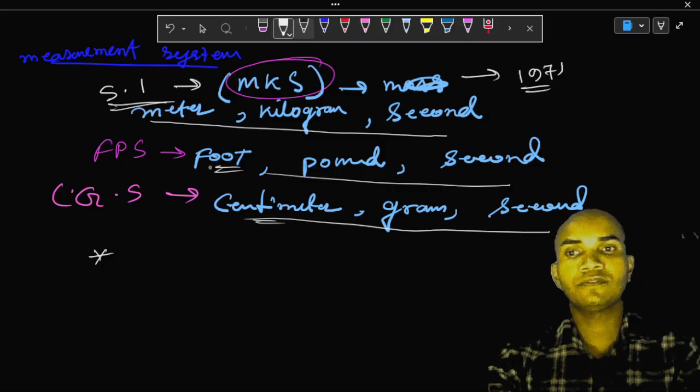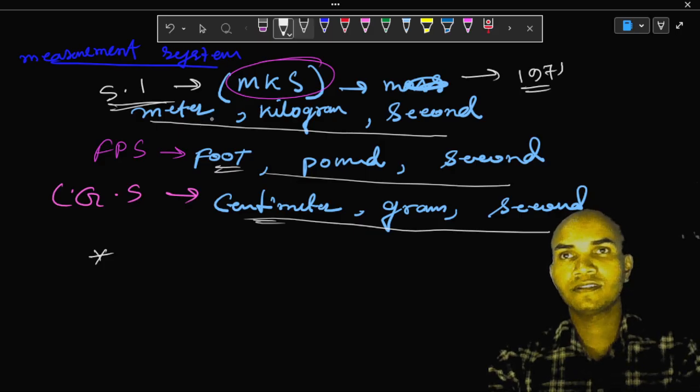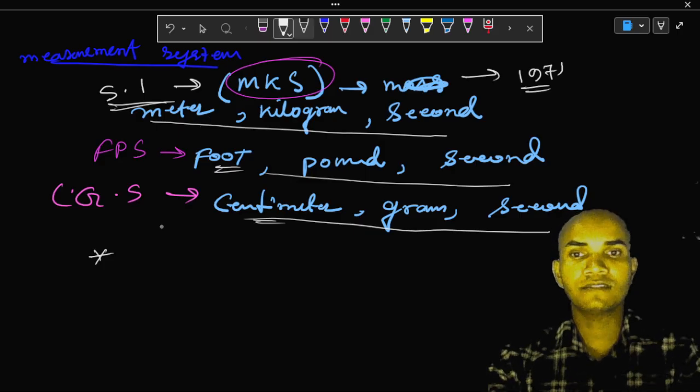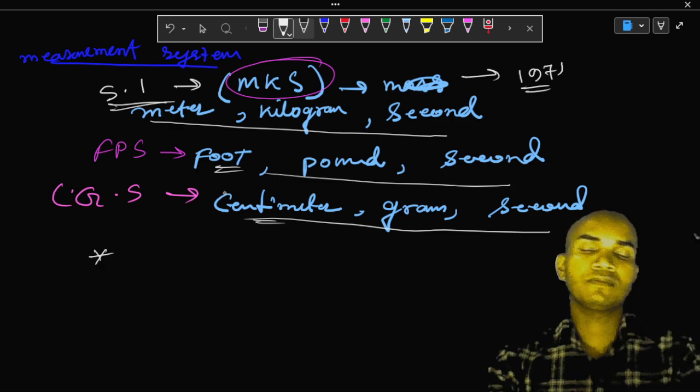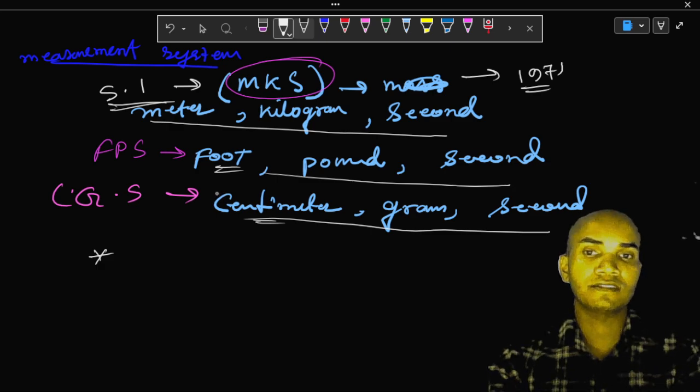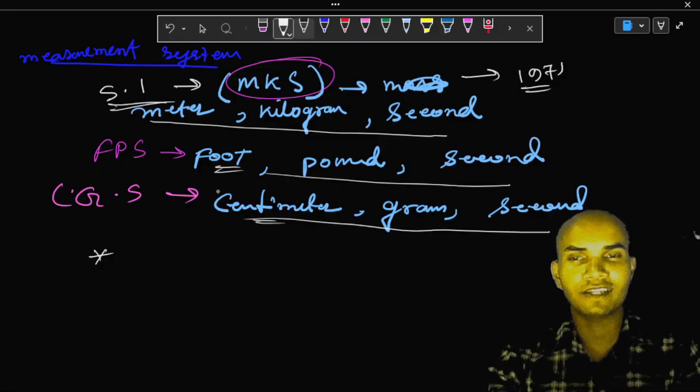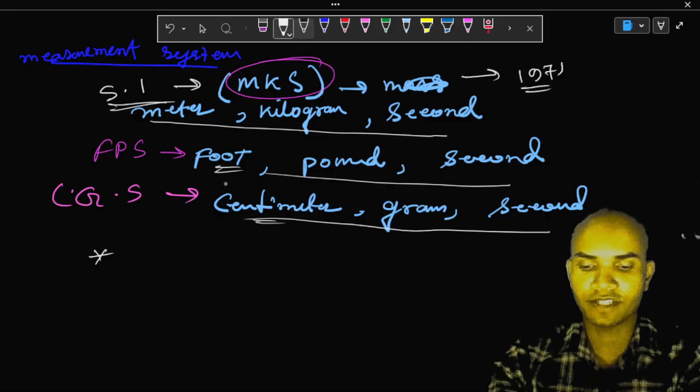Let's say you got 10 meter, which is coming from SI unit. Now if you convert to centimeter, you have to change the values also. The value will remain the same, but the zeros will be added. I hope you understand that.